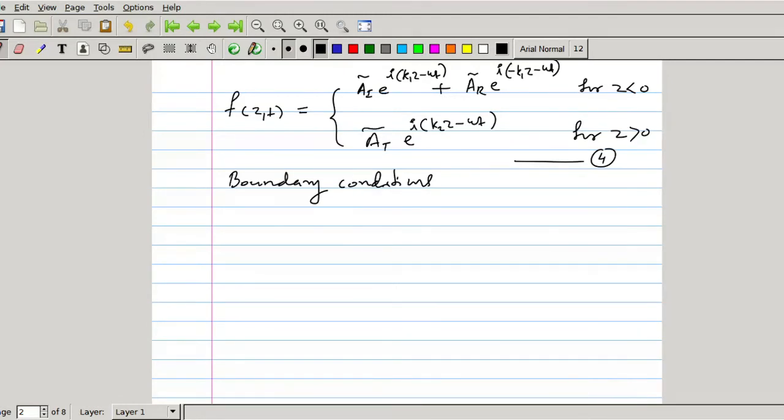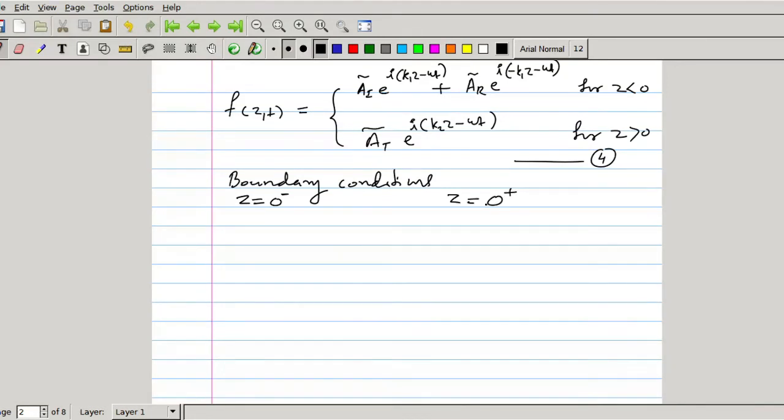So we take a point slightly left of z equal to 0, and we write it as z equal to 0 minus. Z equal to 0 minus means an infinitesimal distance from z equal to 0 towards the left. Like that, a point which is at an infinitesimal displacement towards the right, we will take as z equal to 0 plus.